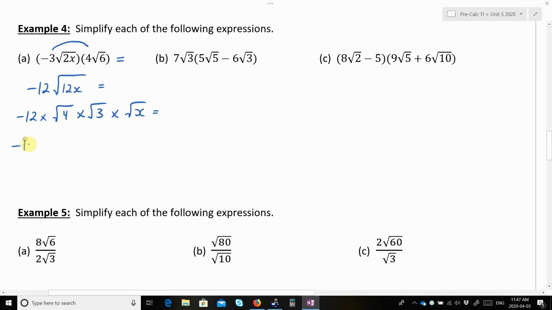And we end up getting negative 12 times the square root of 4 is 2 times the square root of 3 times the square root of x. Negative 12 times 2 is negative 24. And the square root of 3 times the square root of x is the square root of 3x. And that is simplest radical form.